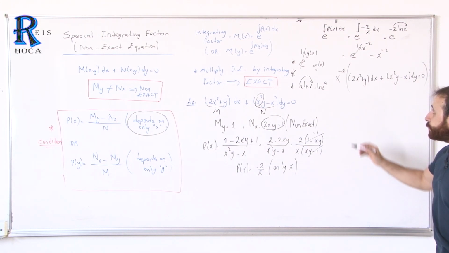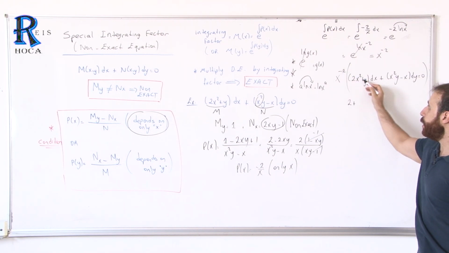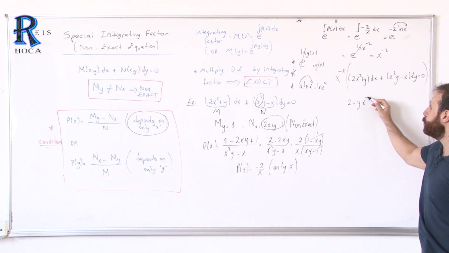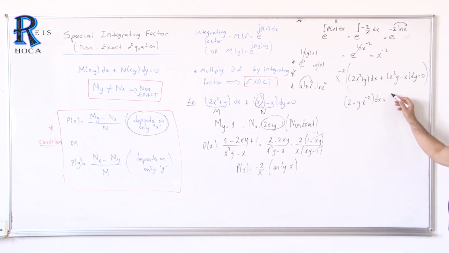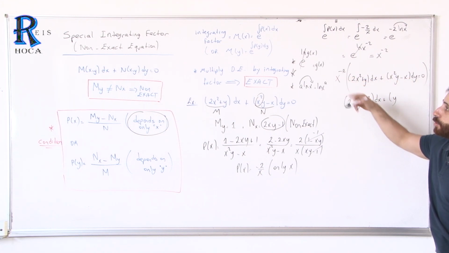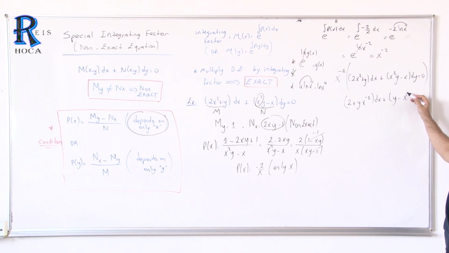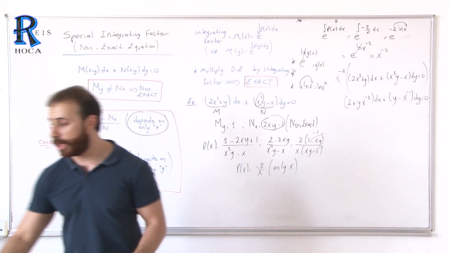So it will be 2 here, then y times x to the power of minus 2 dx, then y minus x to the power of minus 1 dy. So this is an exact differential equation.